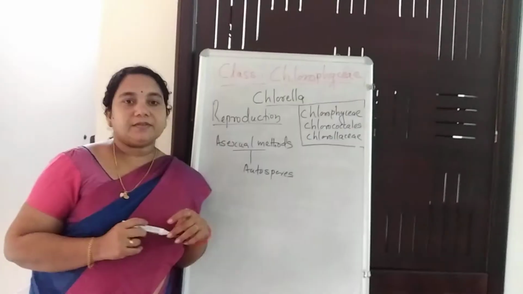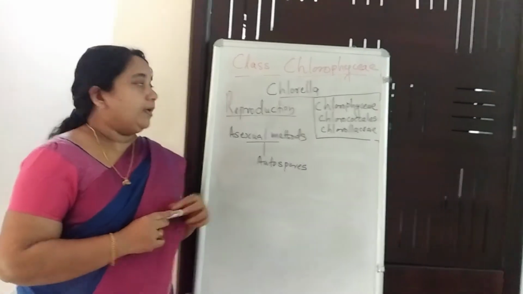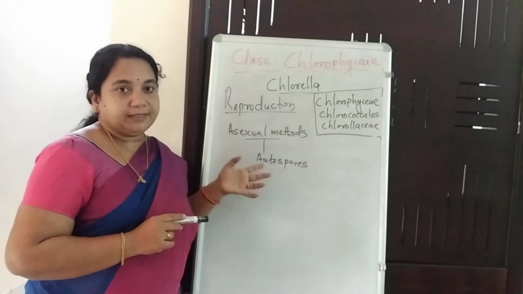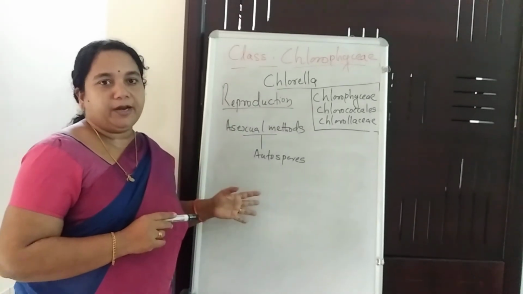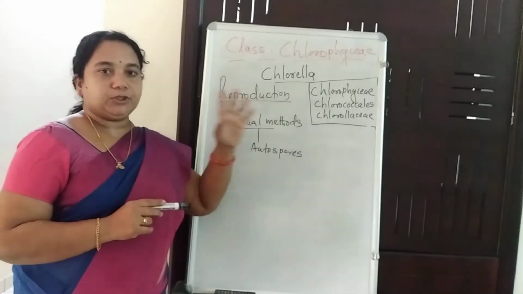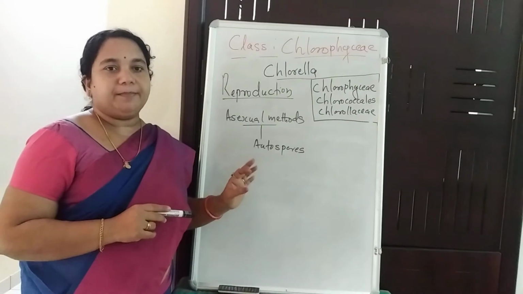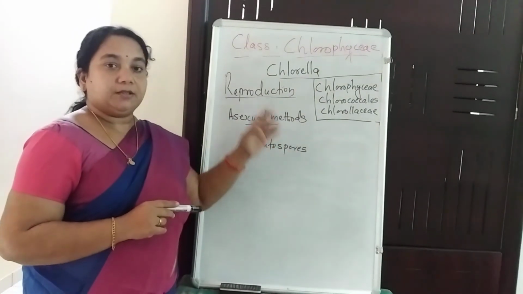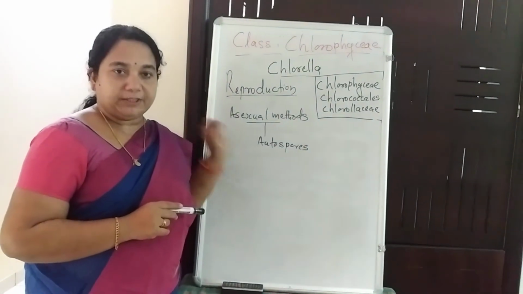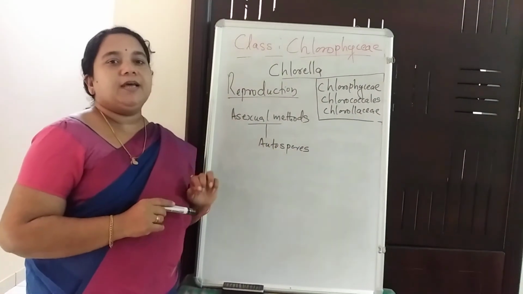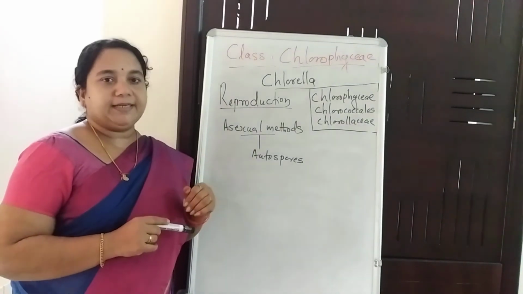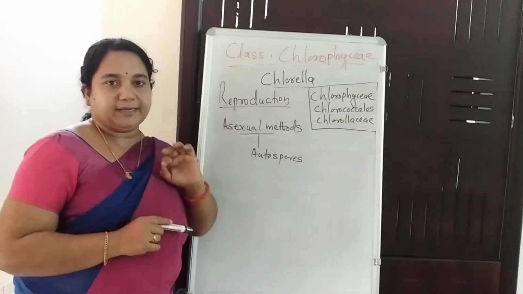Okay. Then about the reproduction. Different reproductive methods we have studied, but in Chlorella only the asexual method is noticed. Sexual reproduction is not noticed. The only asexual method noticed is autospore formation. What are autospores? Spores that are formed inside the Chlorella cell.